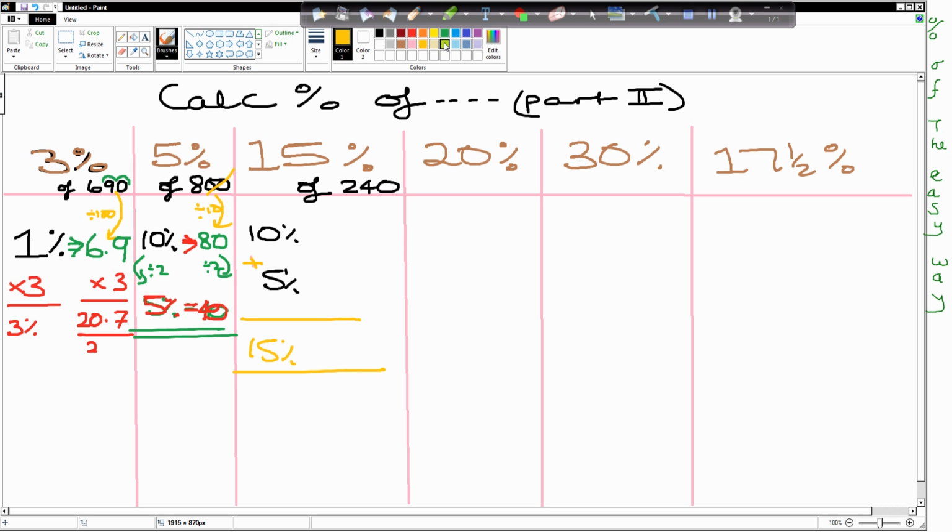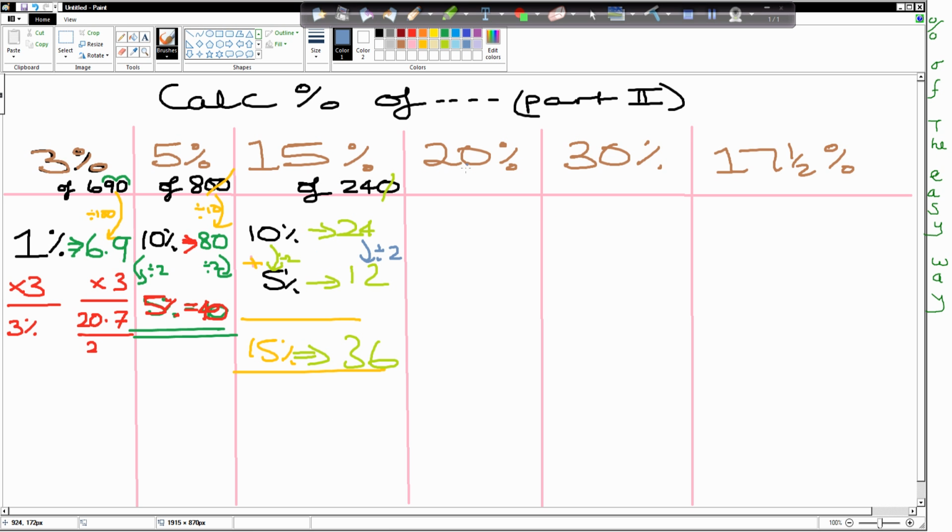Now, if you want to work out 10% of 240, what do we do? We remove a 0 because we're dividing by 10. That gives you 24. And then we have to halve the 10% to get to 5%. Half of 24 gives you 12. Add them together gives you 36. So what you do on the left hand side, you do on the right hand side. Divide that by 2 as well, and then you add them up.